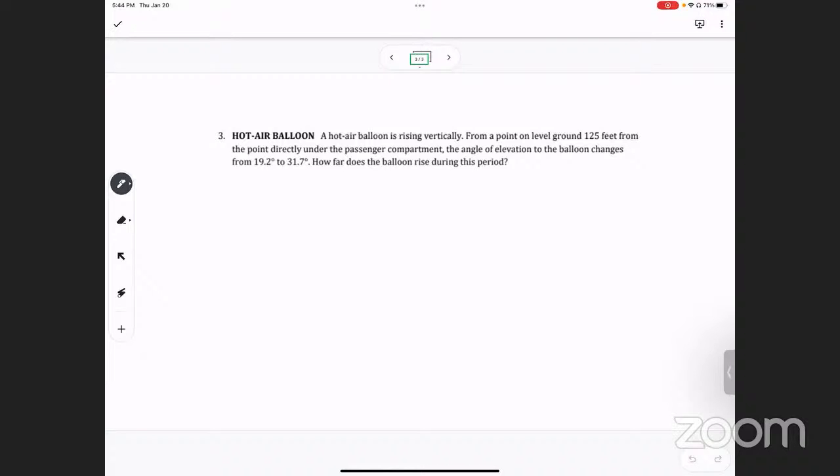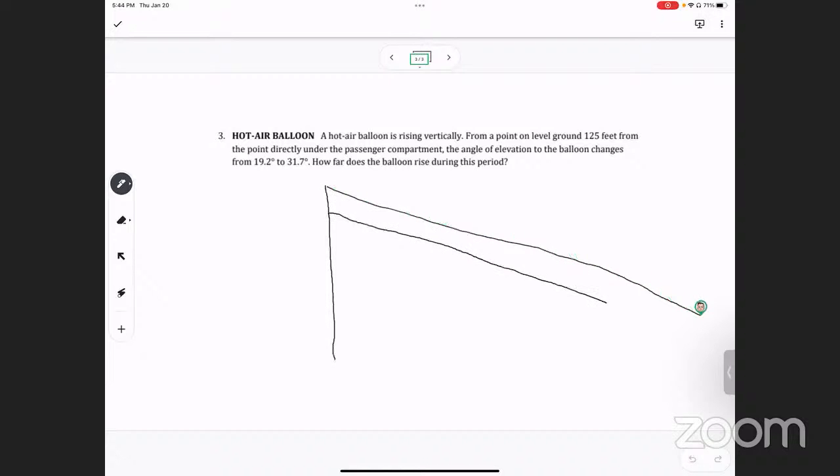So you want to give it a shot at drawing the picture of that? Yeah. So I think you would draw it kind of like that. I drew it a bit too big. Sorry. That's all right. Here, I'll fix your angles of elevation.